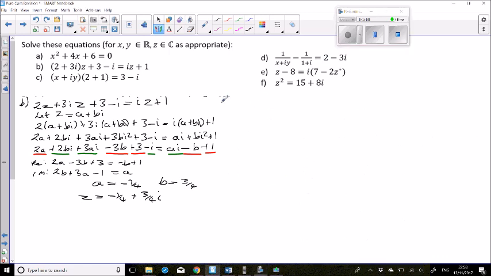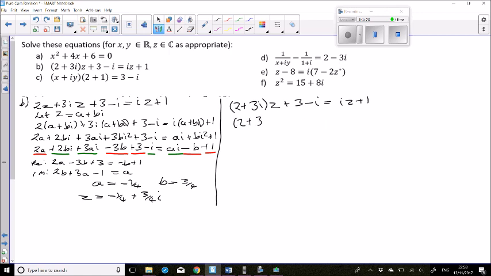Now, there is an alternative way to do part B. The other way to do it is to work with what we've got here. So I've got (2 plus 3i)z plus 3 subtract i equals iz plus 1. Now I could move, just like you would when you're solving equations, I'm going to put all the z's on one side and everything else on the other side.